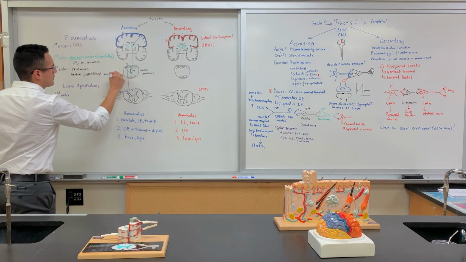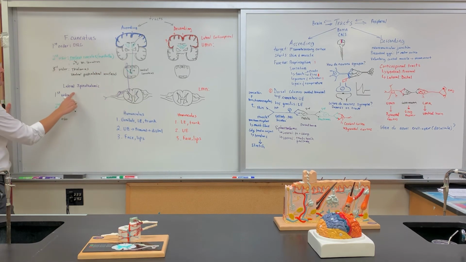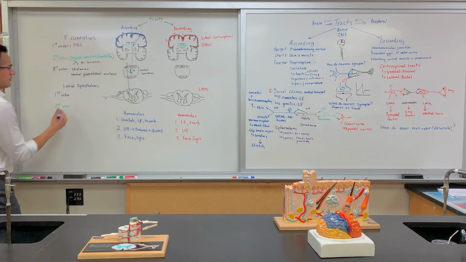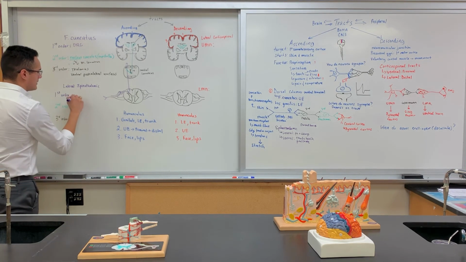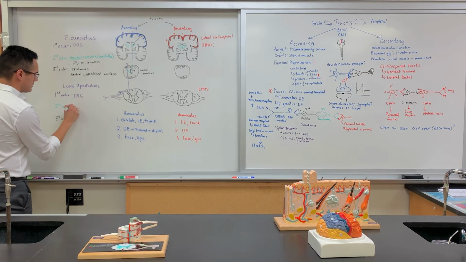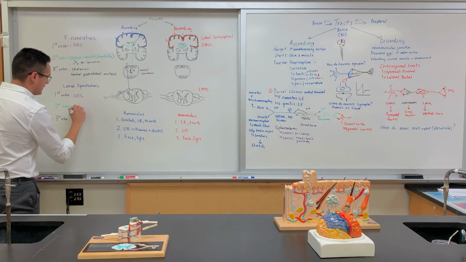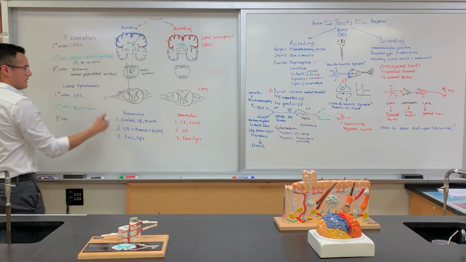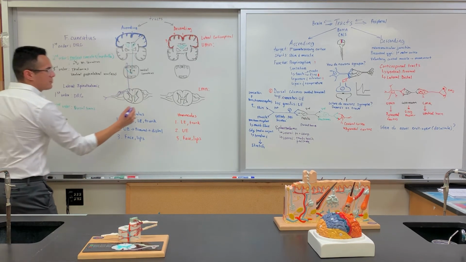nucleus. Okay, so the next one is the lateral spinothalamic. So the first order neuron, once again, it's found in the DRG. The second order neuron is found within the dorsal horns, within the gray matter. So let's follow it from this side.